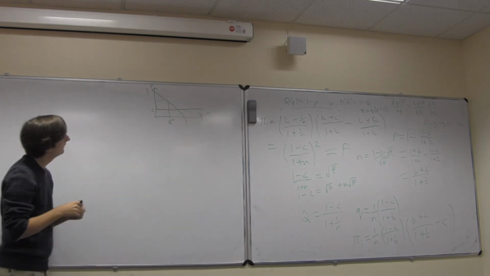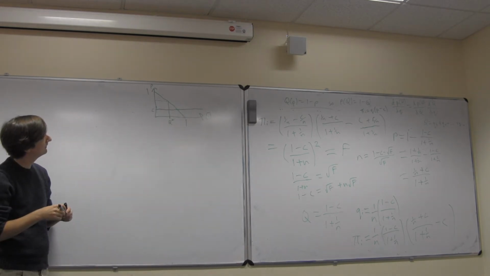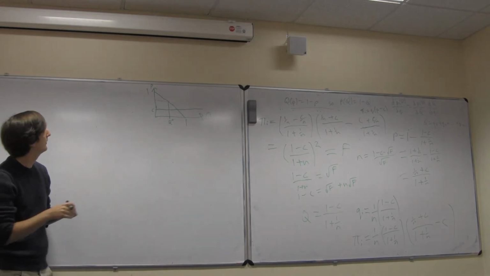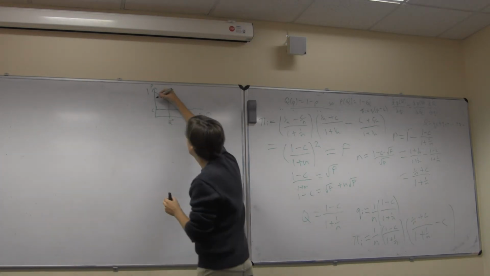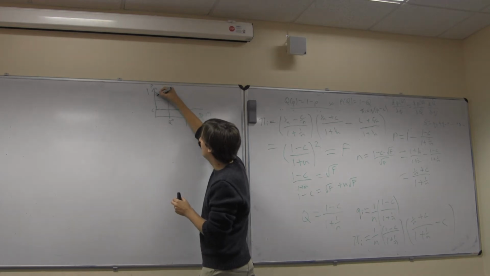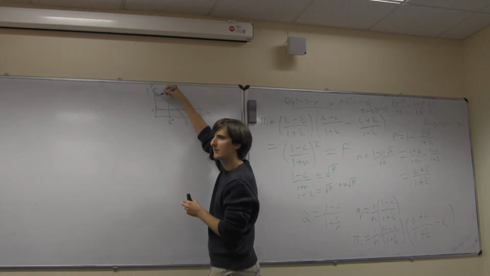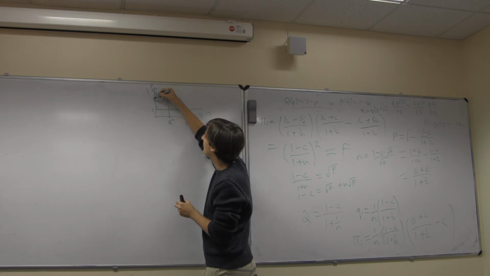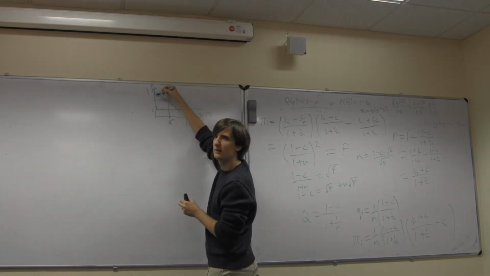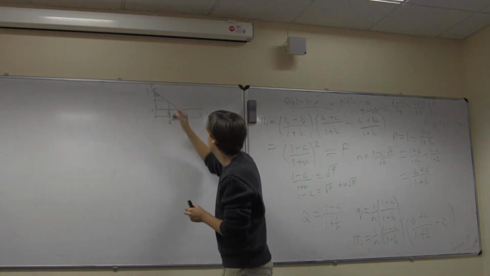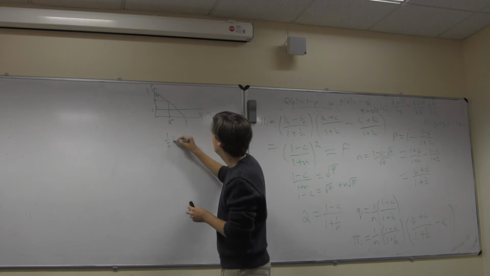So for the triangle, it's half Q times 1 minus C. So for the triangle, well, this is 45 degrees again. Oh yeah, because this length is also Q star. Okay, so the triangle is going to be half Q star squared.